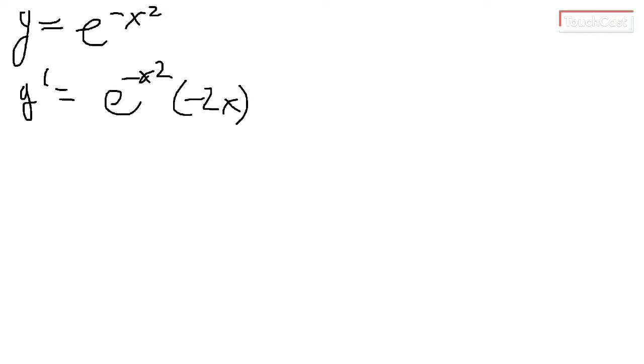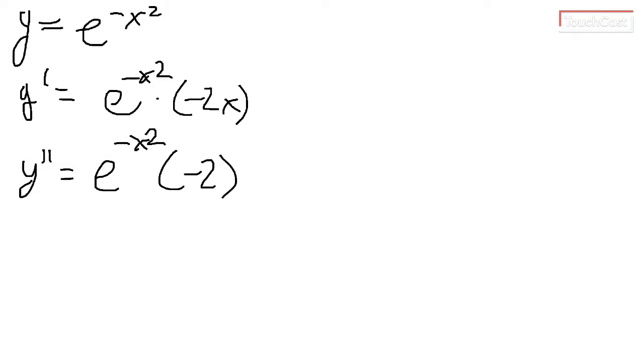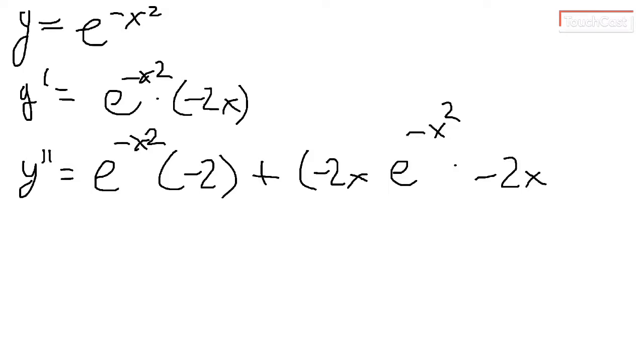I notice this is a product, so I'm going to use the product rule. So I'm going to say that y double prime is equal to e to the negative x squared times negative 2 plus negative 2x times e to the negative x squared times negative 2x.